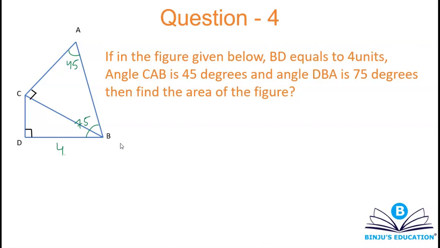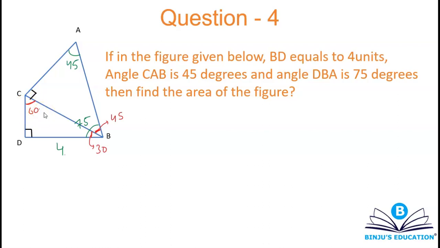Alright, now if angle A is 45, then that means C being 90 in triangle ACB, this remaining part has to be 45, which means this remaining part has to be 30, and which means this angle has to be 60.